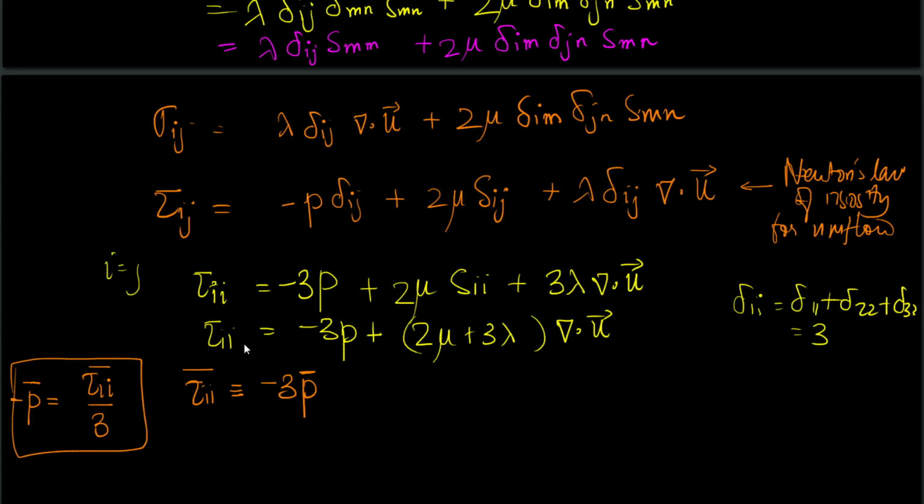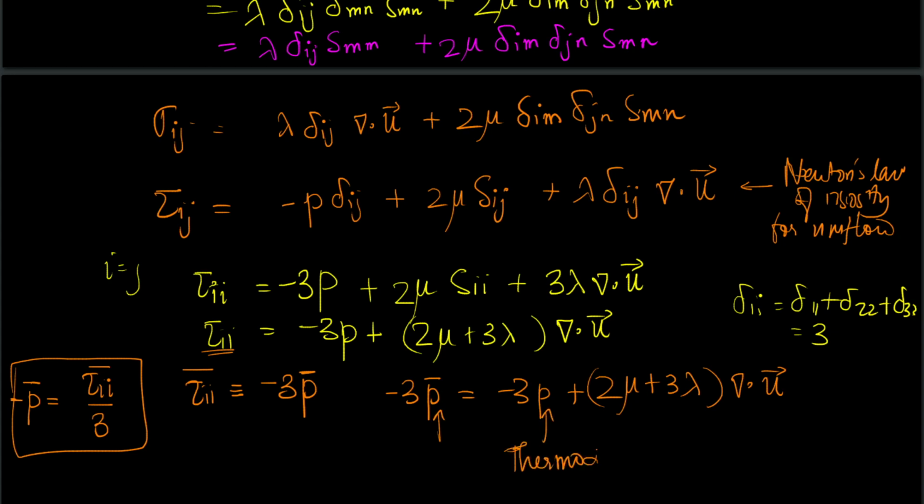So if this is true, we can write down this expression as minus 3P bar is equal to minus 3P plus 2 mu plus 3 lambda times the divergence of the velocity. And the reason I am writing it as 3P bar is to differentiate this pressure from this pressure. This is the thermodynamic pressure, while this is the mechanical pressure.